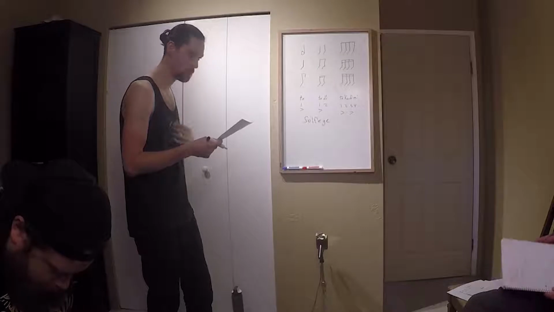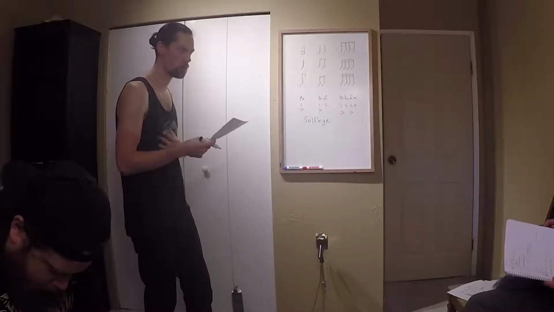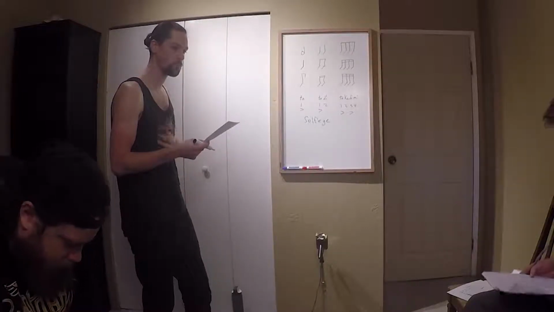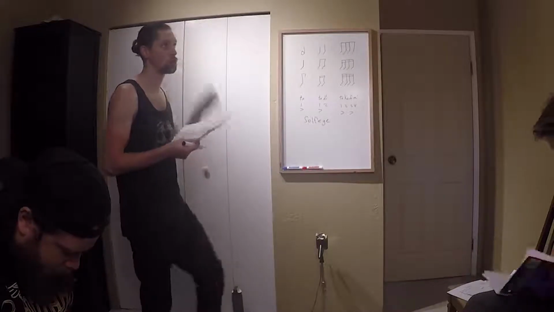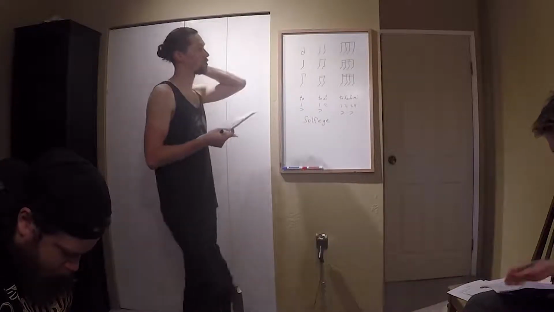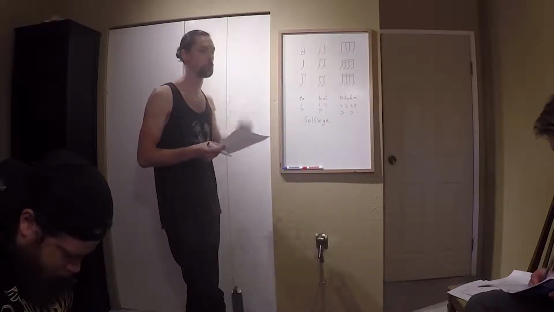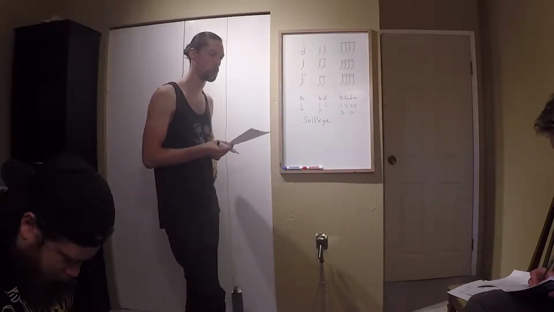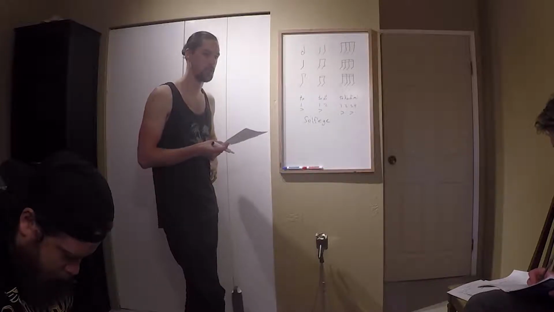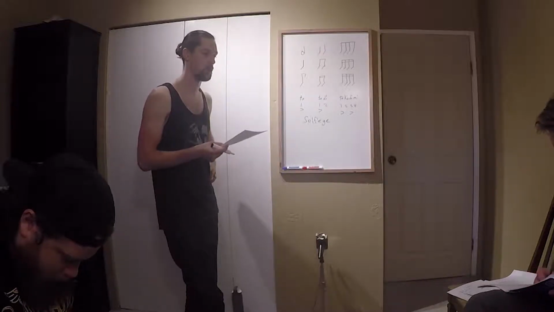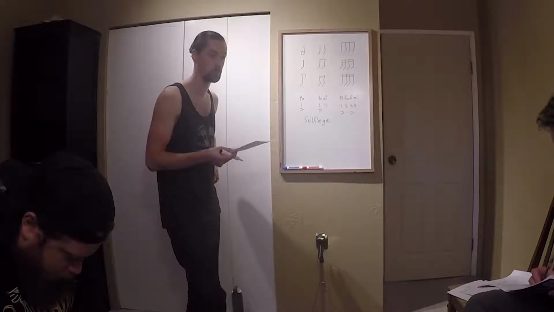Accent and strong beat are the same? They're a little bit different. A strong beat is something inherent to the meter you're working within, whereas an accent is something emphasized by the performance.